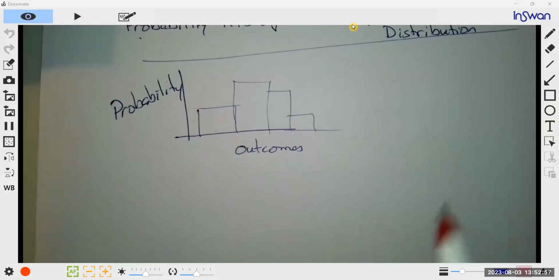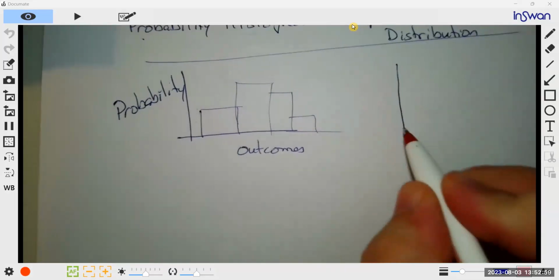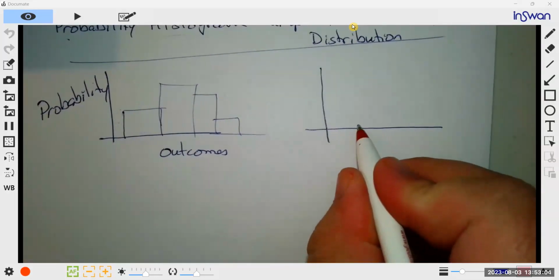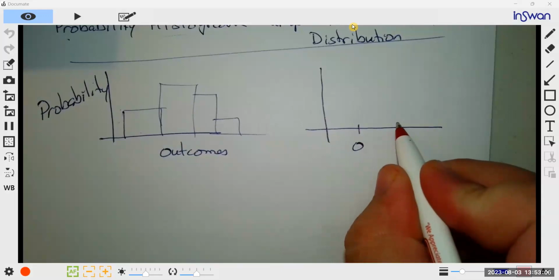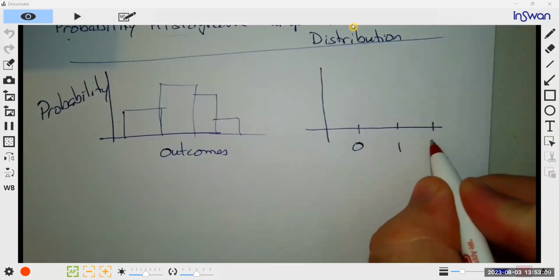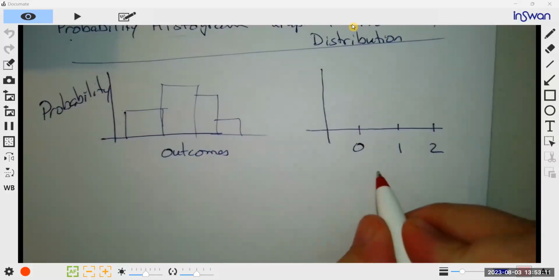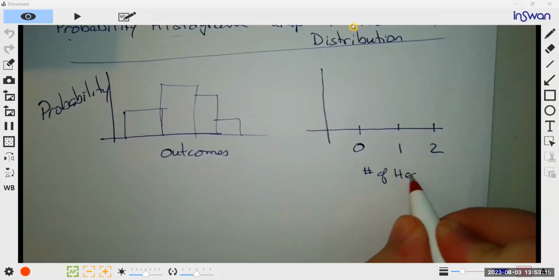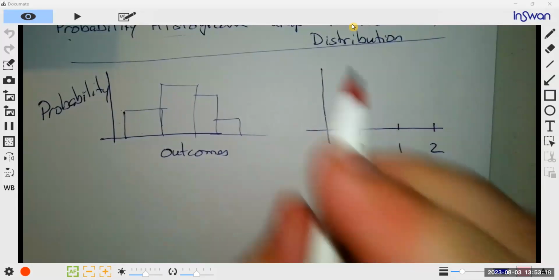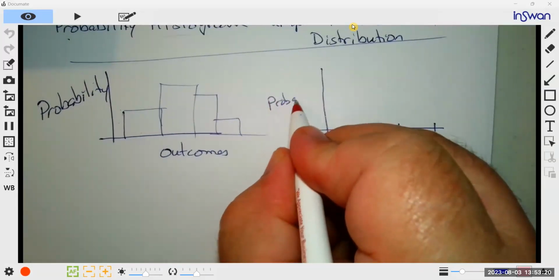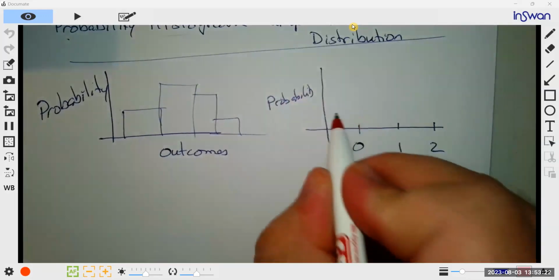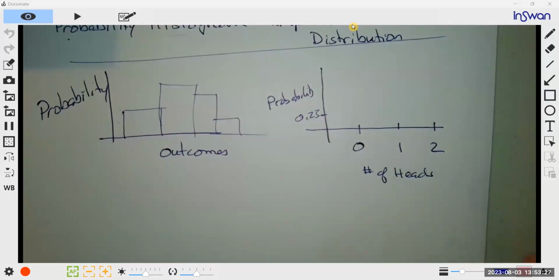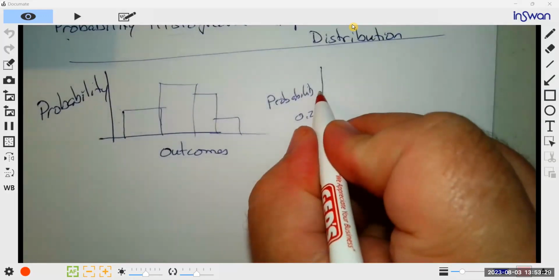So for our example, our outcomes were 0, 1, and 2, the number of heads. And here's our probability.